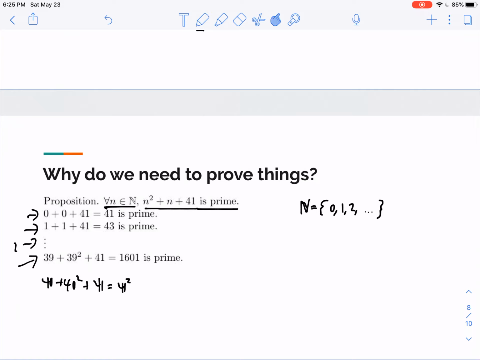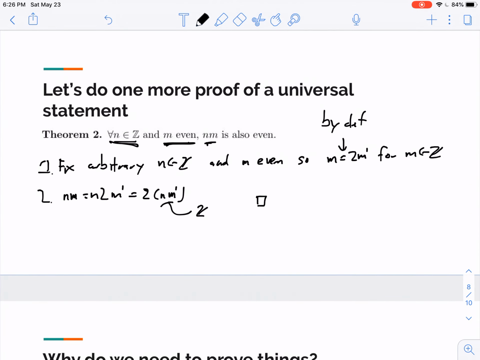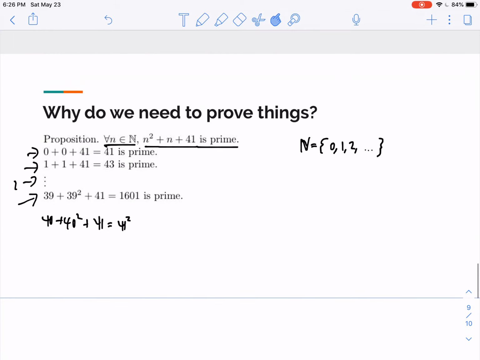It serves to give an example of why you can't just try things and conclude from that. So this is why proofs are necessary, because when we reason about a universal statement proof, we're fixing arbitrary values. We're just fixing some integer, some even number. And so it must hold for all even numbers and all integers. Whereas if you just try things, you can't always get all the cases.